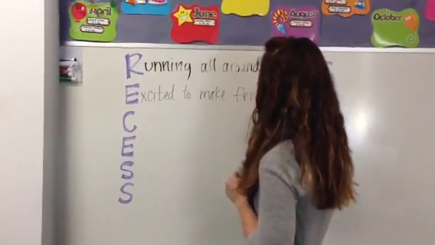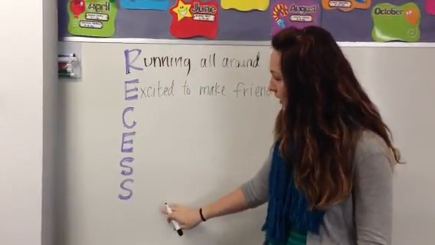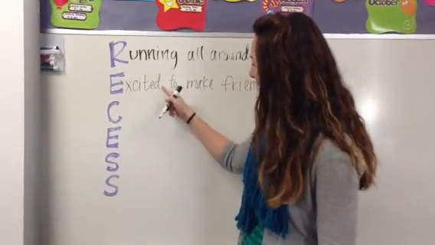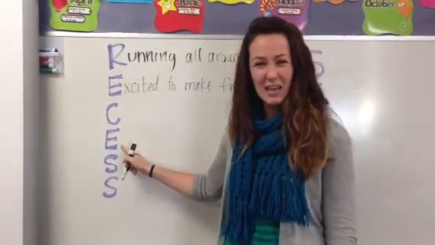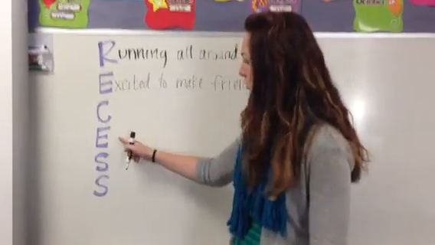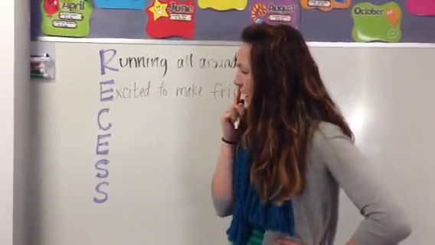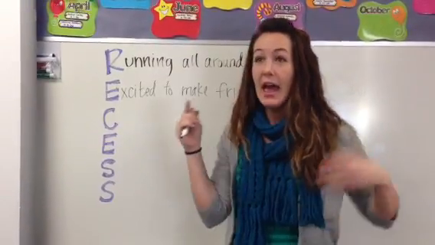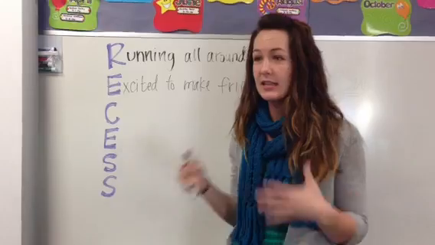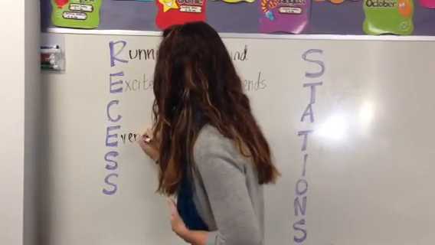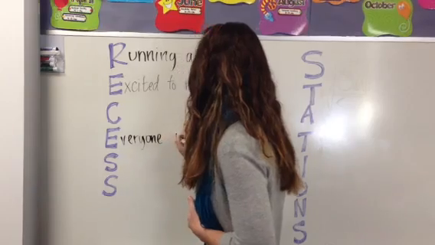By the end of the poem, I'm going to have an entire poem about recess, and they're going to be different things. Should I write this same sentence for this E? No, that would be boring. I already read that sentence. So when I get to this E, I'm going to think of a different word. Not excited. Everyone. Everyone is at recess. Everyone plays together. So I'm going to write that one for my other E.